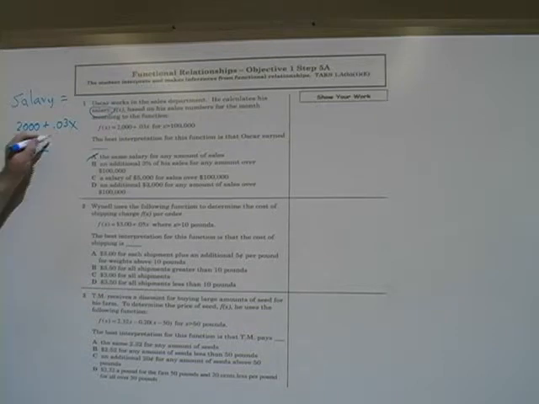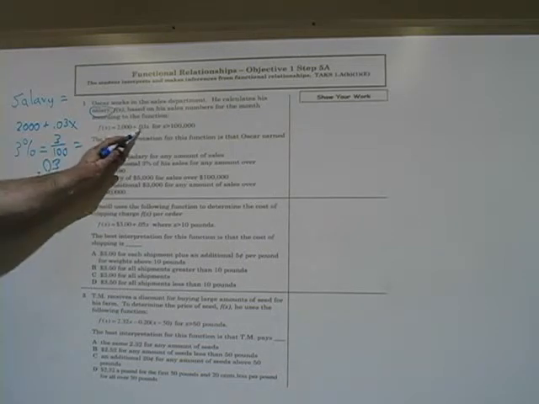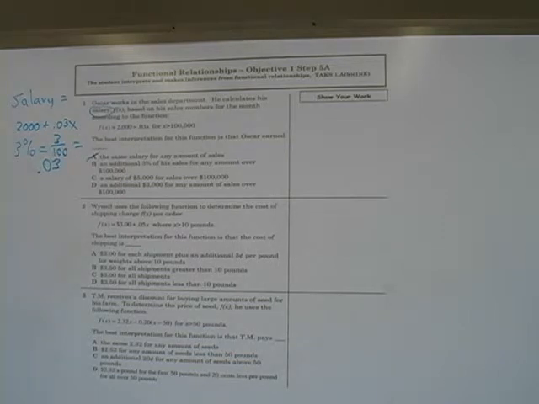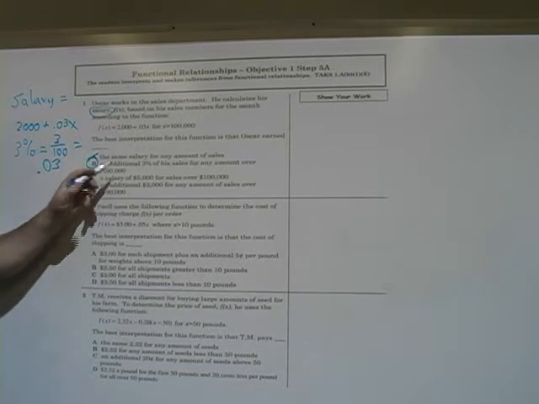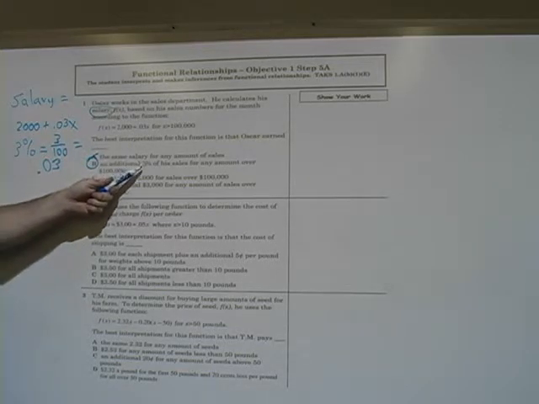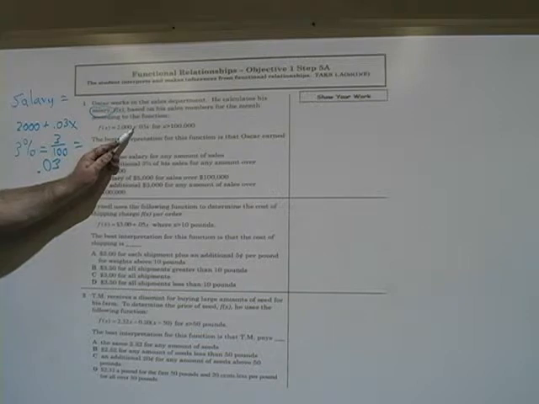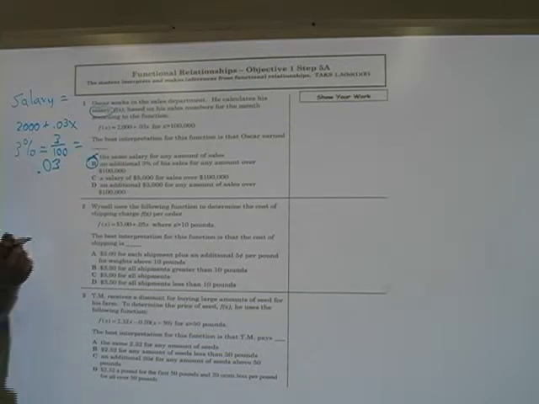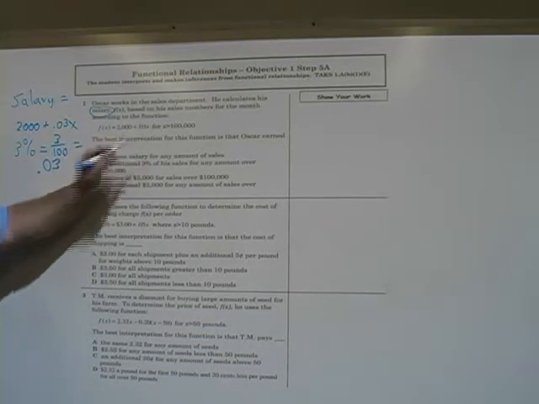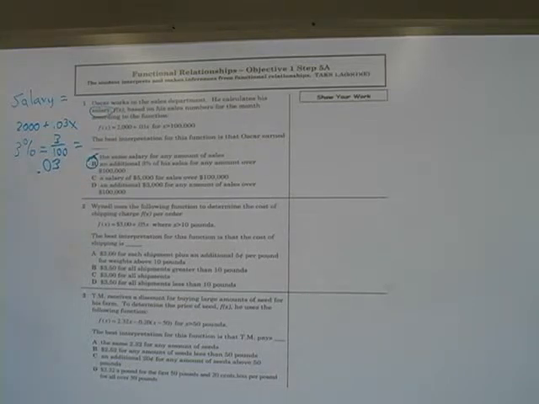Okay, that's one way. What's that as a decimal? 0.03. Good. And you think that 0.03 might have something to do with that up there? Probably does. And actually that is the answer. Because what's happening here is he's getting an additional, that's where that plus sign comes in, 3% of his sales, that's the X, for any amount over 100,000.